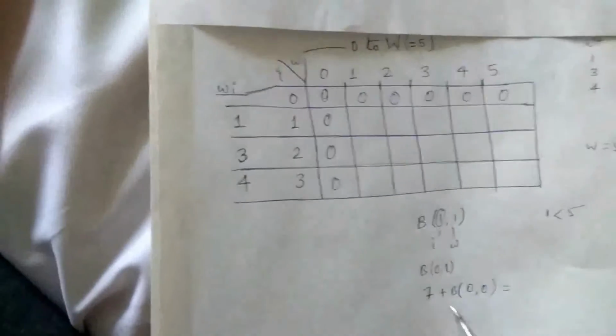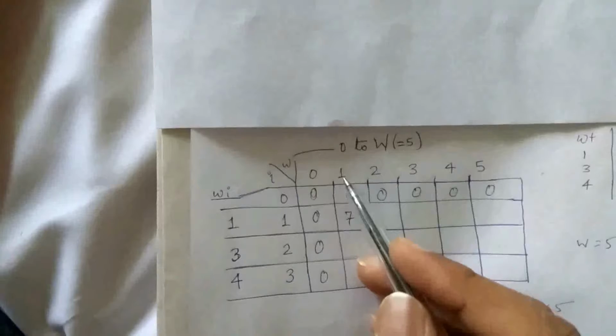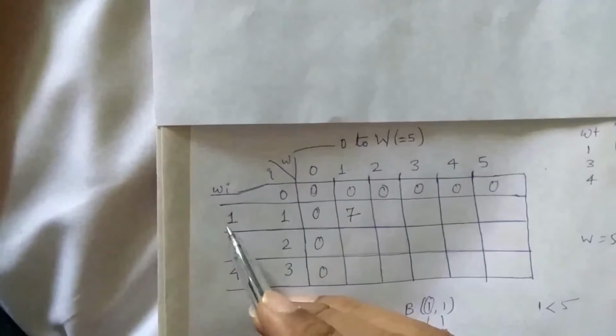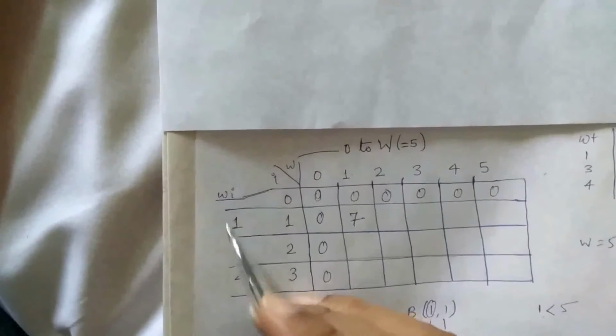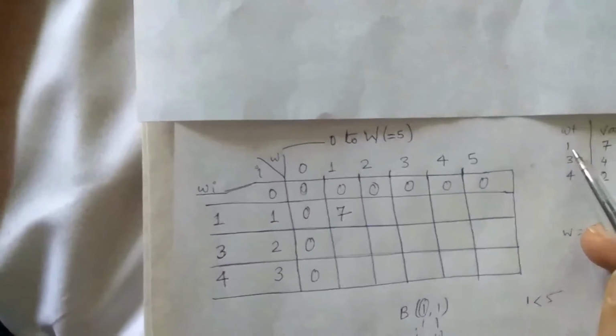What is the value? 7 plus B of 0, 0. B of 0, 0 is 0, so this will be 7. Or in a simple manner, we have a knapsack of weight 1, right, and we want to pick this item of weight 1. So definitely there is only one way, we will pick this one-weight item, and the value will be 7.